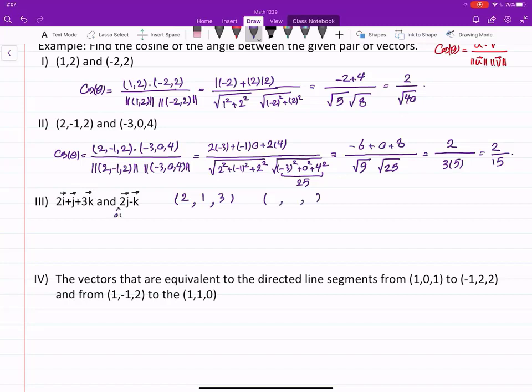That means that the coefficient of i is 0, so the vector is (0, 2, -1). Now we are looking for the cosine of theta, the angle between these two. We have to find the dot product of (2, 1, 3) and (0, 2, -1), and then divide by the product of their lengths.